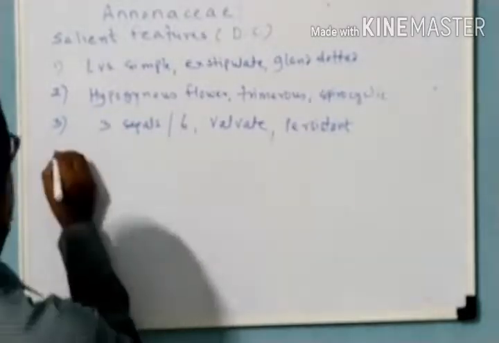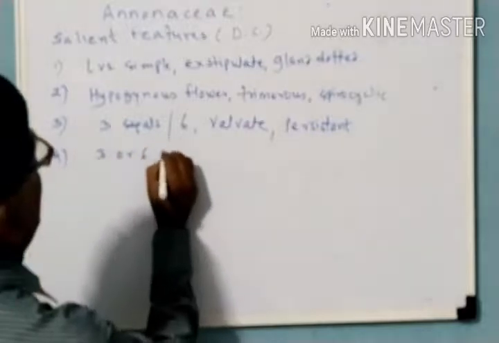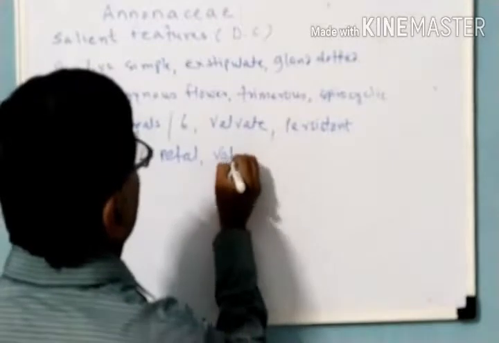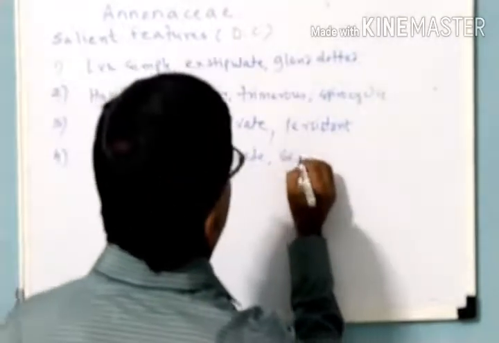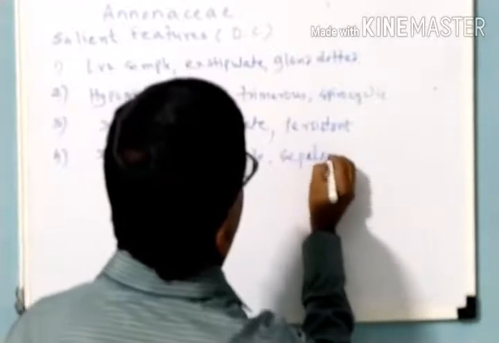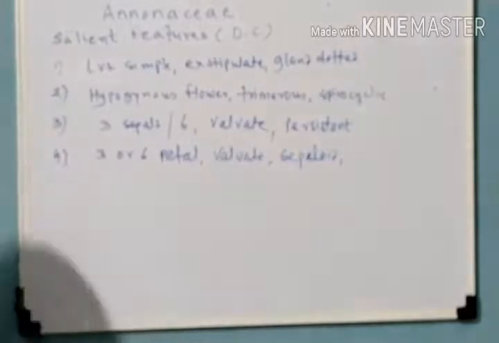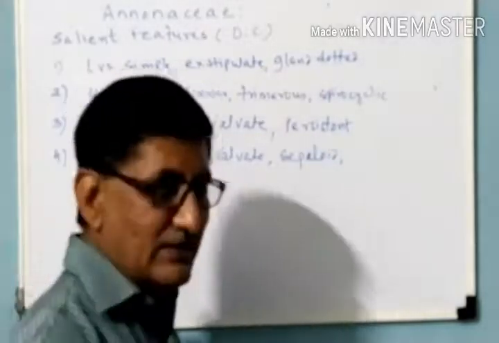Petals may be 3 or 6. They are also valvate. Sometimes they may be sepaloid. They are like a sepal, green in color. When they are three, they are in a single whorl.